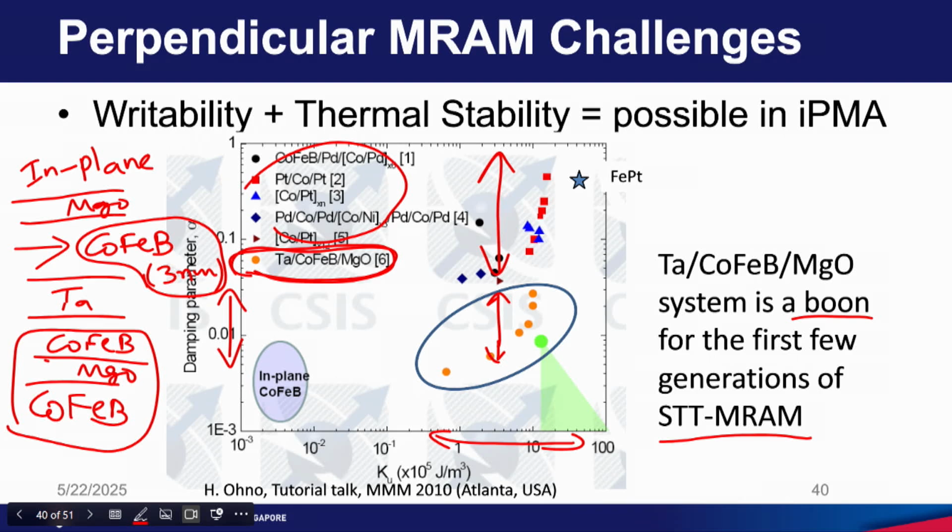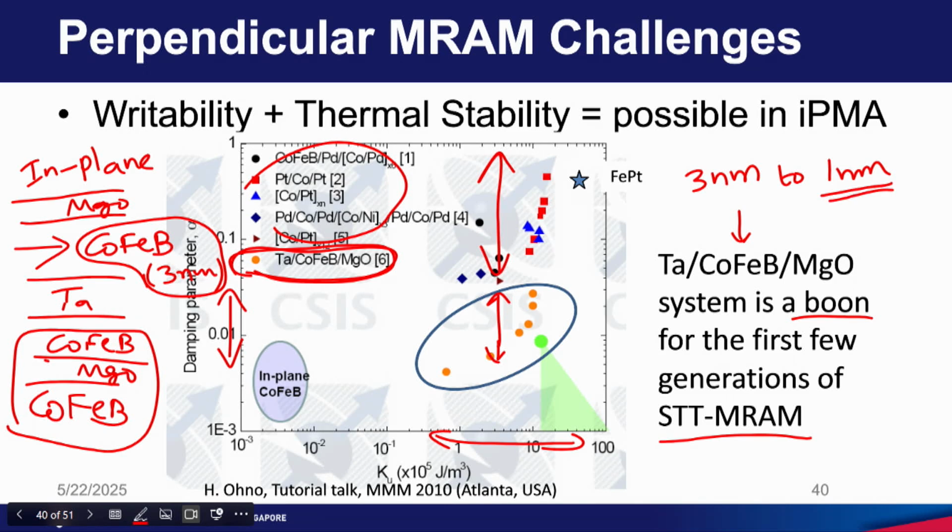Okay, so what this group did was shrink this thickness from 3 nanometer to 1 nanometer. So they were curious, what if we don't make this cobalt and boron very thick, but make them thin?